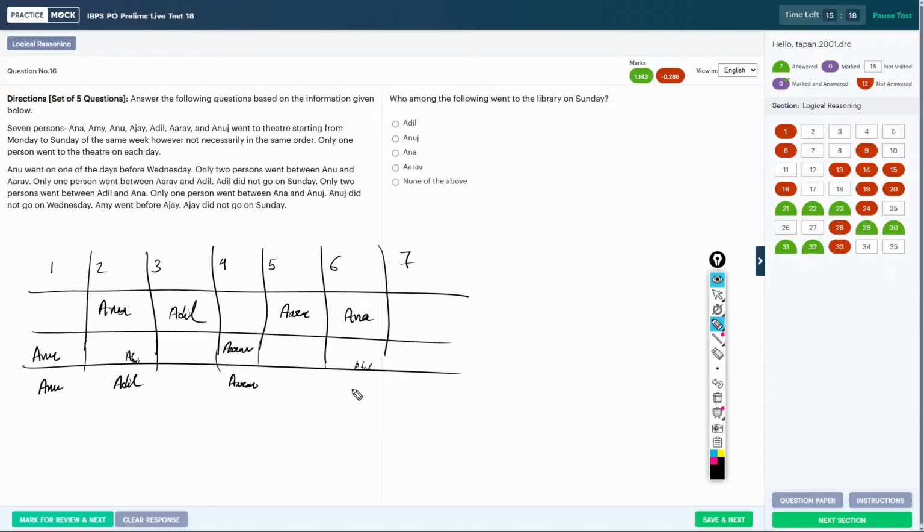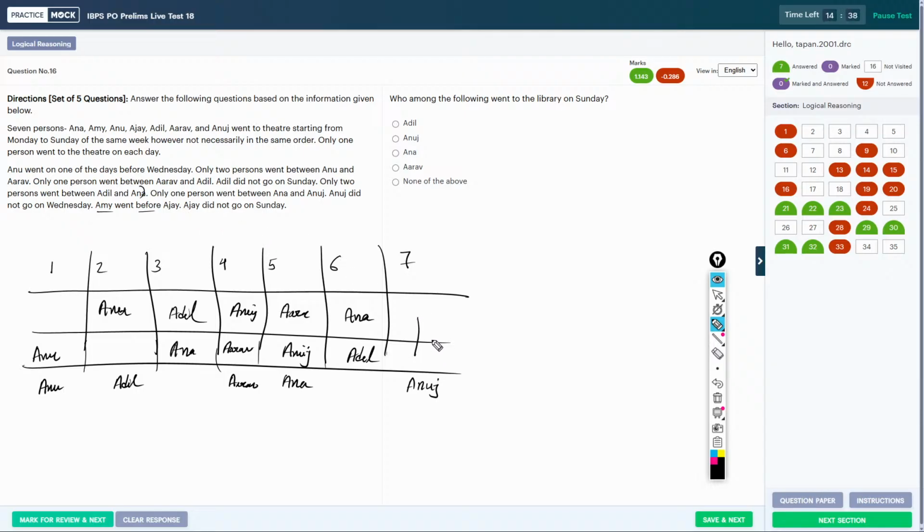Adil and Anna, 1, 2, Anna. One person went between Anna and Anuj. But Anuj did not go on Wednesday. So Anuj. Amy went before Ajay.